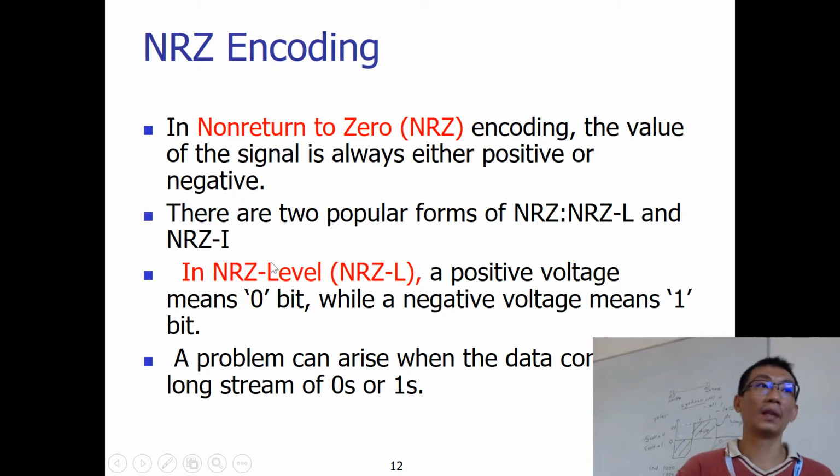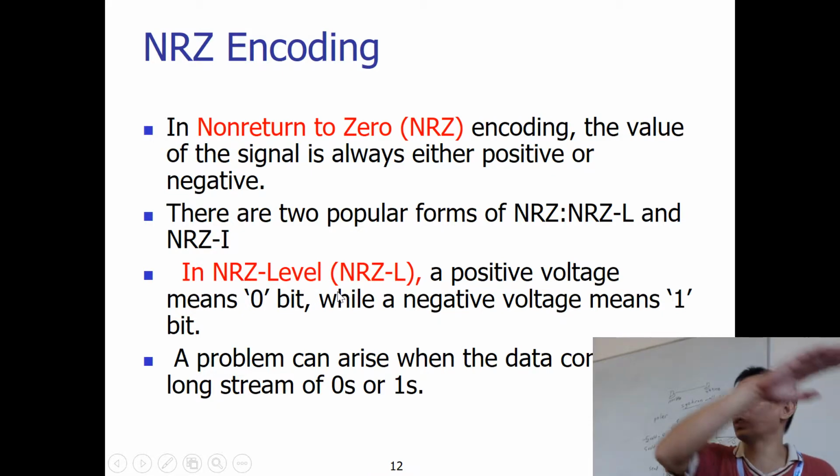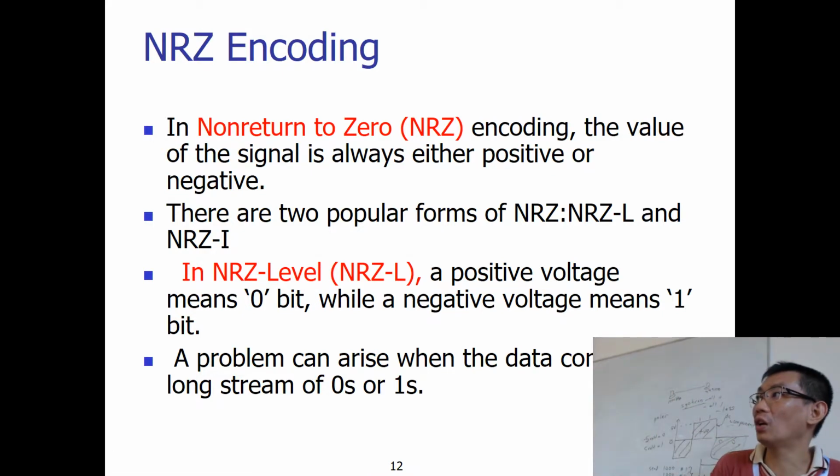One is non-return to 0 L. Positive means 0, negative volt means 1 bit. So in this case, you also have a problem if we send a long stream of 0s and 1s. If it's a long stream of 0, then it will be positive only. If it's a long stream of 1, then it will be negative only.